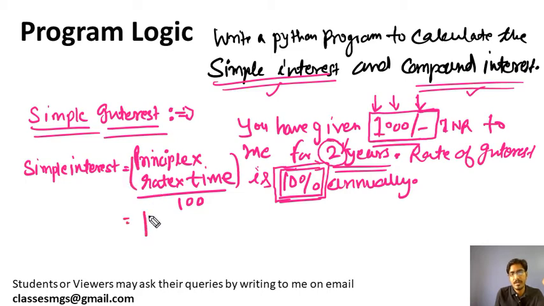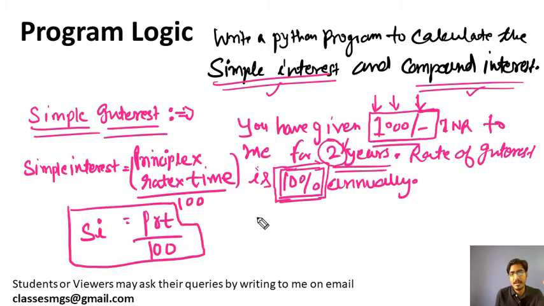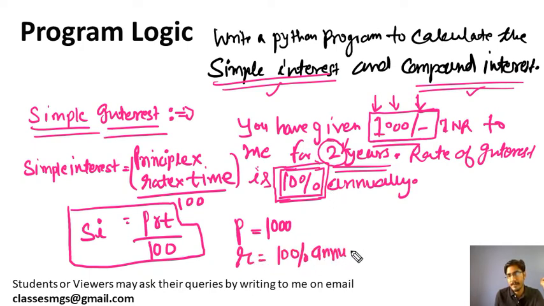For short you may say PRT by 100, if you know the formula from the secondary classes. Principal is the amount that we have given. In this case you have given 1000 rupees, so principal is 1000. Rate of interest, you are earning 10% annually, and time is the period for which you have given, 2 years.